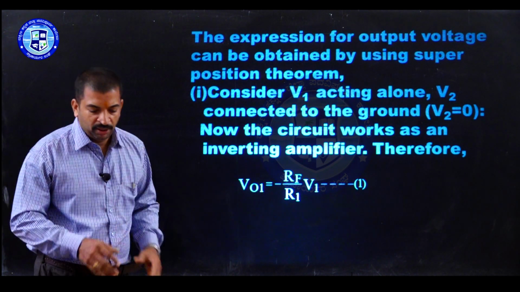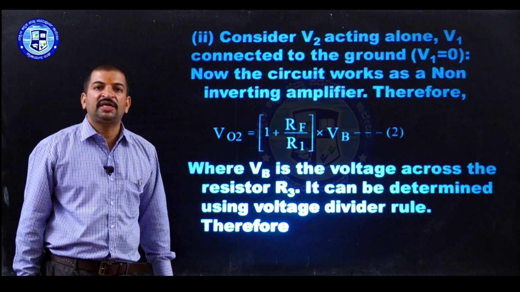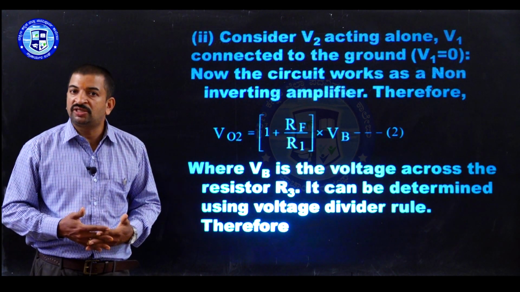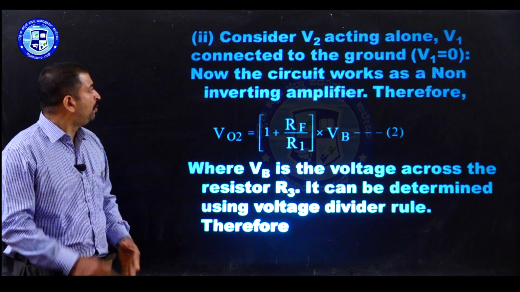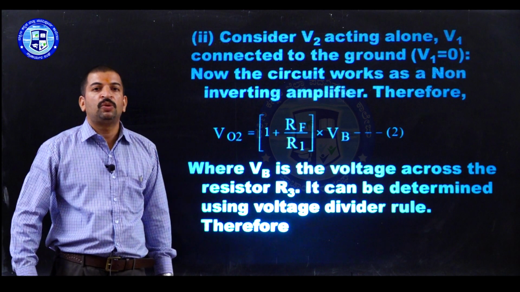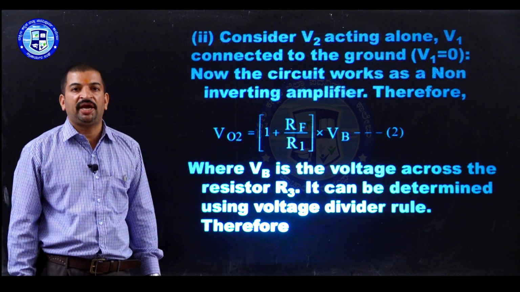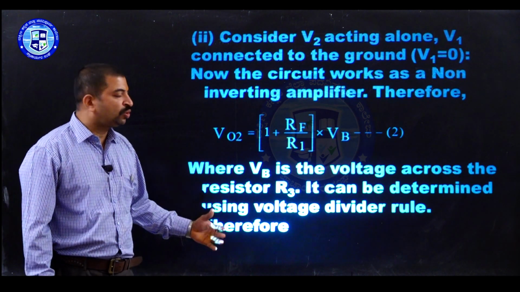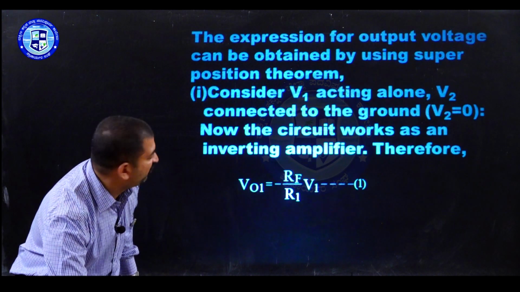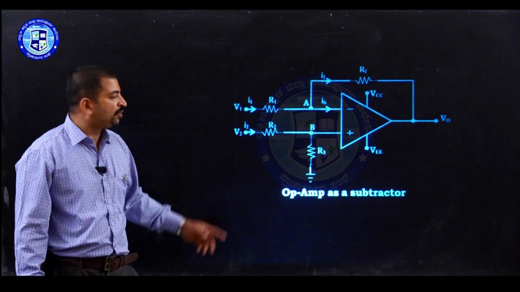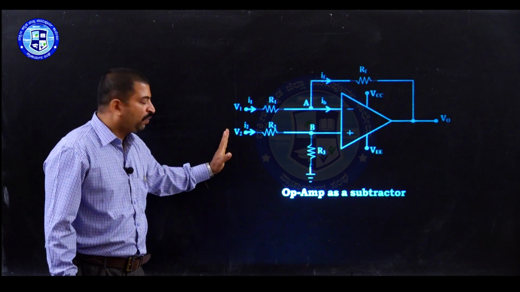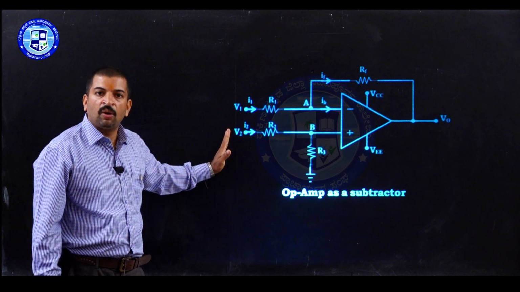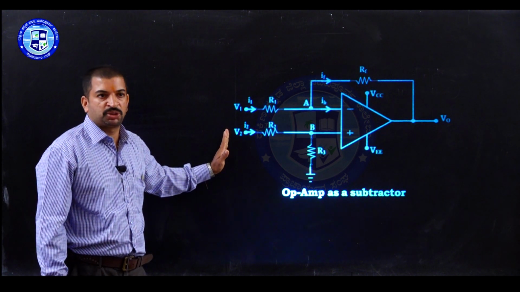Now the next step is to connect the input voltage source V2 while V1 is connected to the ground. When the input voltage source V2 alone is connected, then the circuit works as a non-inverting amplifier. Now look at the circuit. Input voltage source V1 is connected to the ground while the input voltage V2 alone is applied to the circuit.